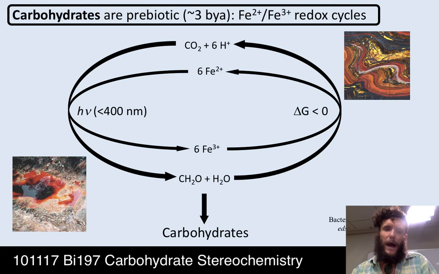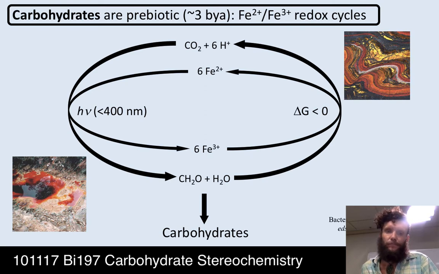Carbohydrates date back before life on Earth, of course, about 3 billion years ago, to these reduction-oxidation cycles, these redox cycles that happened on the Earth, associated with the different oxidation states of iron.